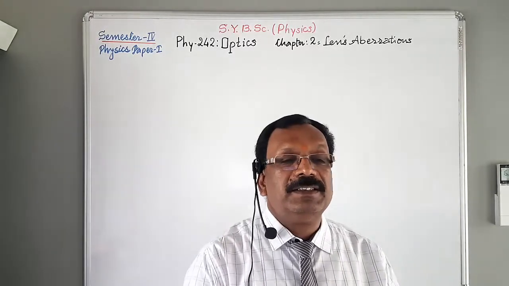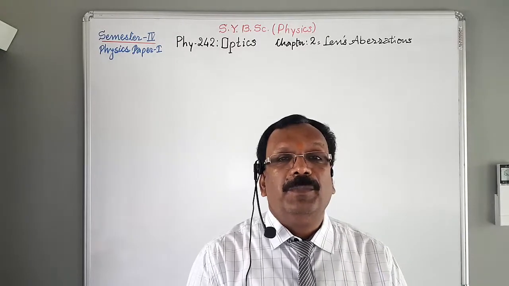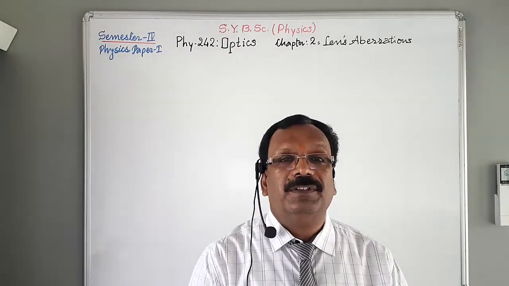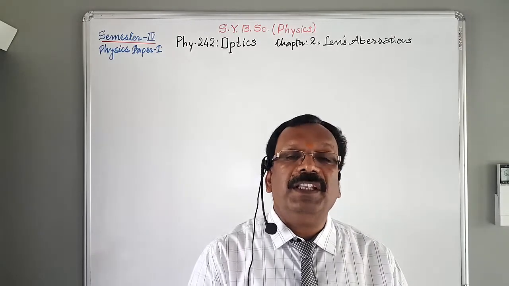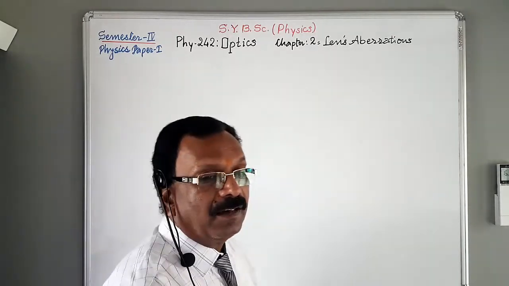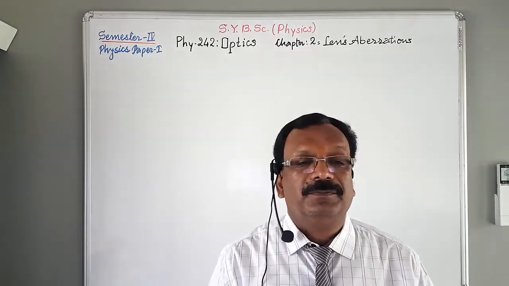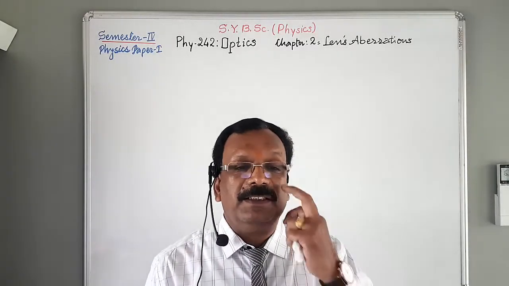So see here, the second method by which we can reduce or minimize the spherical aberration.